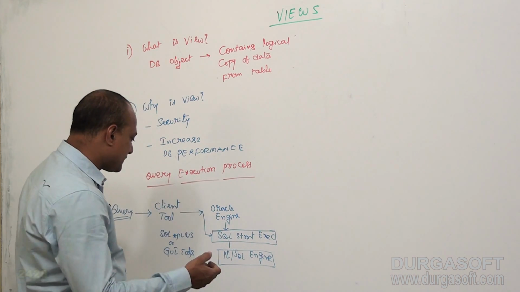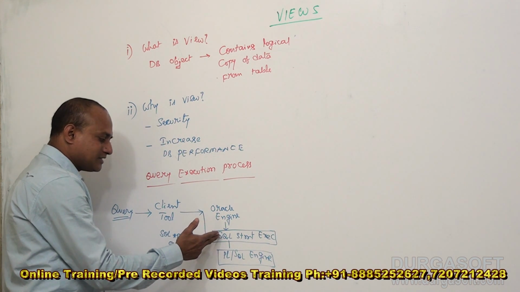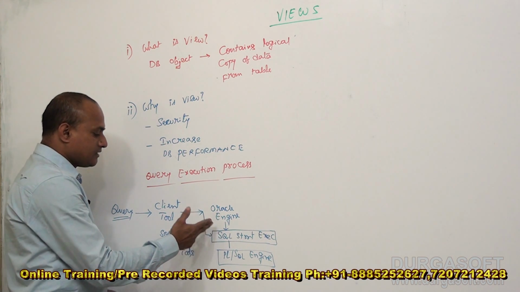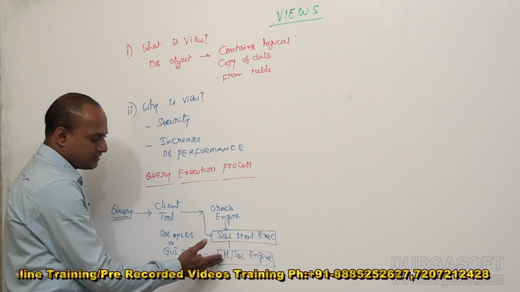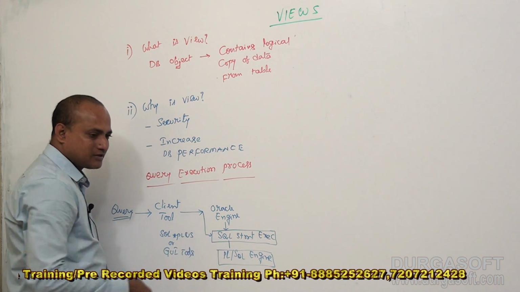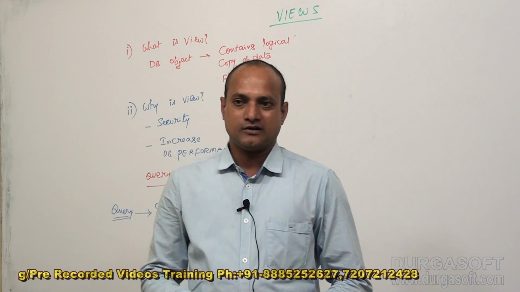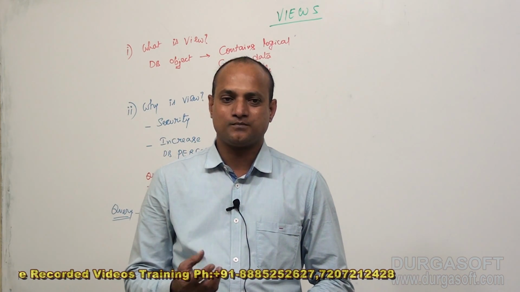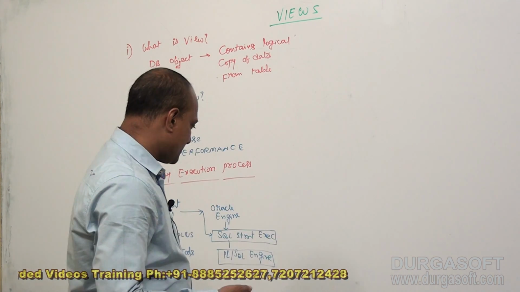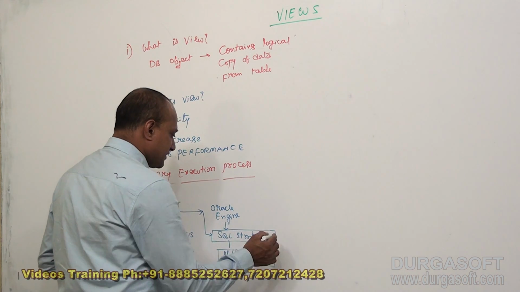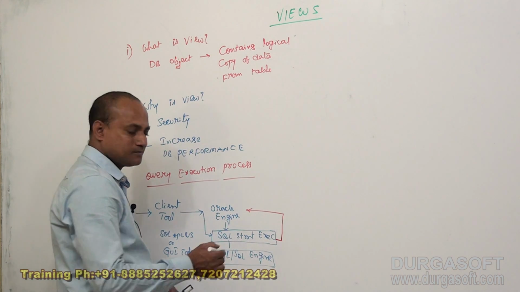So SQL queries from the PL/SQL program are submitted to the SQL statement executor, and programming statements are submitted to the PL/SQL engine. The SQL statement executor is a component which compiles SQL queries, and the PL/SQL engine is a component which compiles PL/SQL programming statements. Once compilation is over, it is communicating with the Oracle engine.